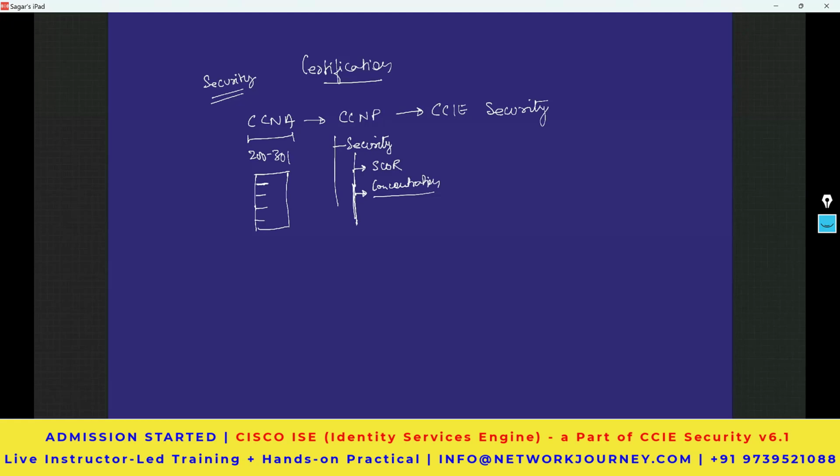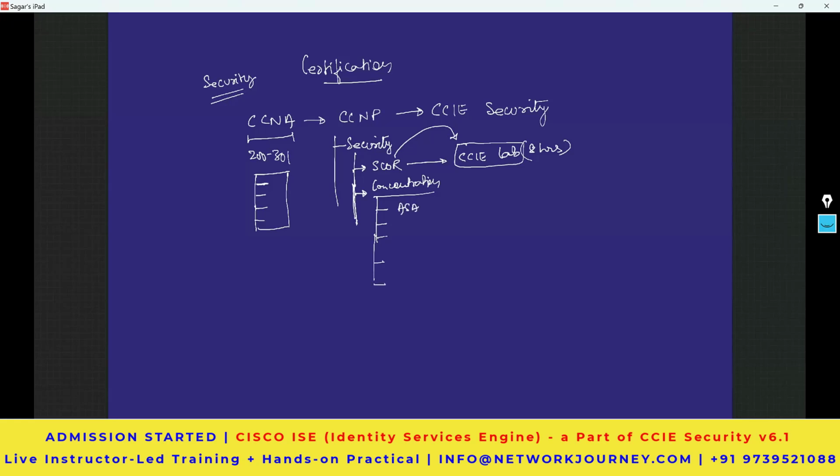Or some people can directly jump from SCOR to the CCIE lab exam, which is the 8-hour paper. That is your choice. If your ultimate goal is to get the CCIE rank, then people directly jump from SCOR to the CCIE. But someone who wants to go step by step can plan one paper from concentration. There are multiple papers here.